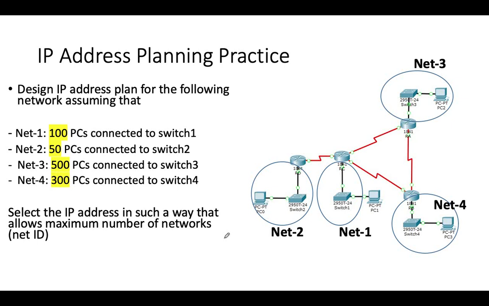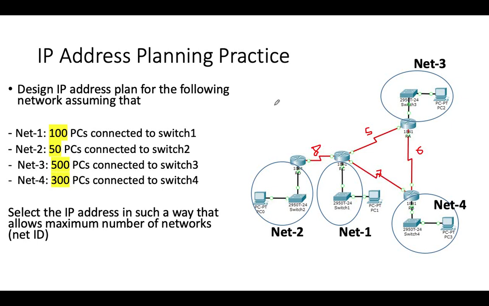Ask yourself and see how it goes. We have 1, 2, 3, 4, but we actually have another. This is number 5, number 6, number 7, number 8. That's what it should be when you actually do a real subnetting.